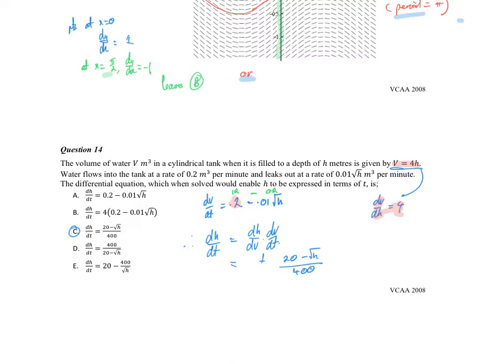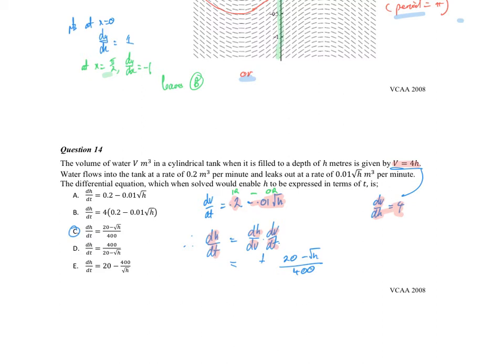So I need dh dt. There's dh dt. So I've got the rate at which the volume is changing, dV dt, so 0.2 coming in minus 0.01h coming out, yeah? So dh dt is dh dV times dV dt.